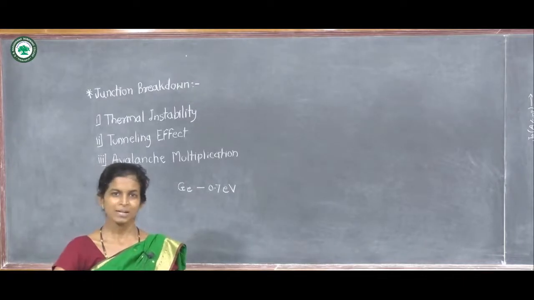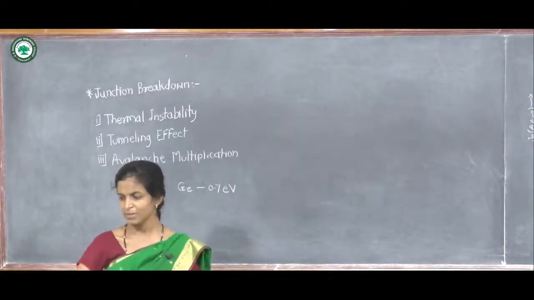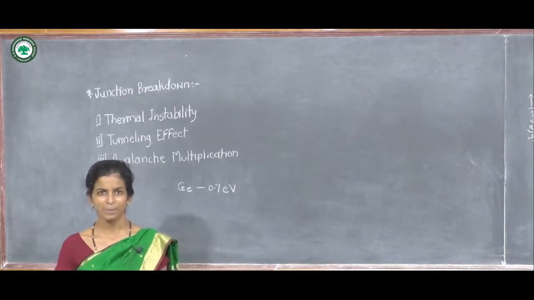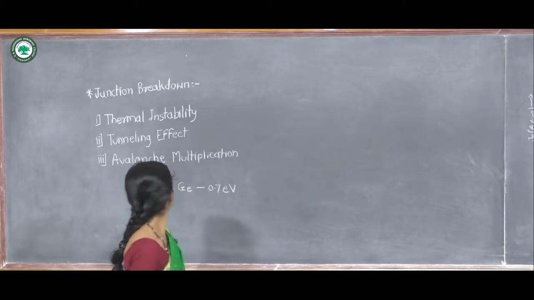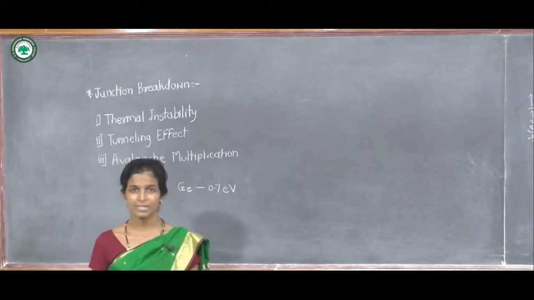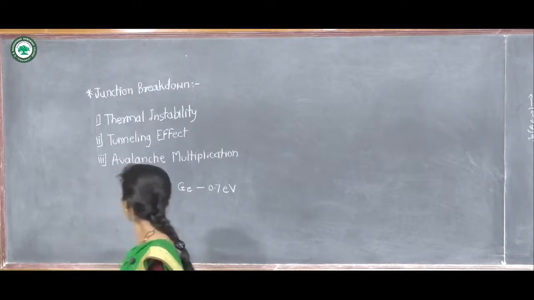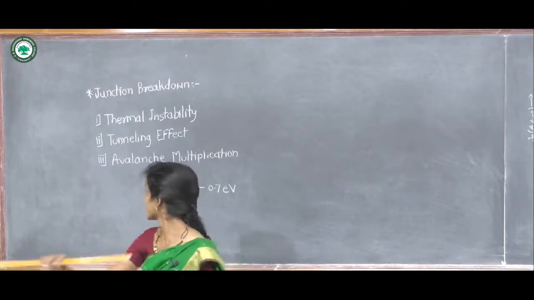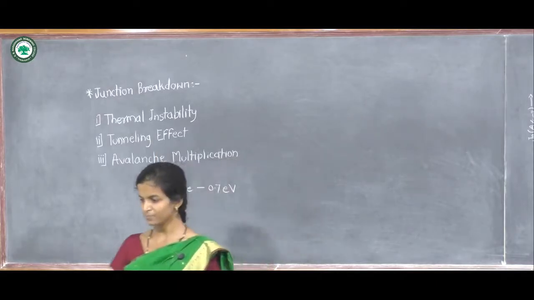However, the thermal instability becomes less important as compared with the other mechanisms. So this is all about the thermal instability. Then we will next discuss the tunneling effect. This second effect is the tunneling effect in junction breakdown.